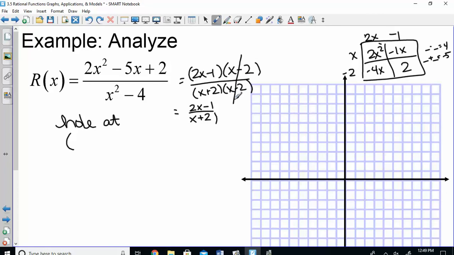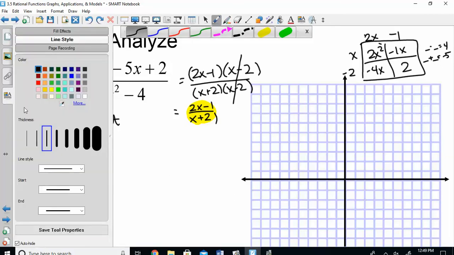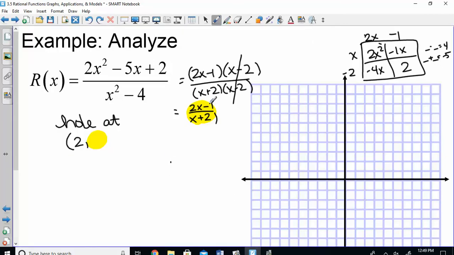So to find that hole, the x value is from what canceled. What would make x minus 2 equal 0? To get the y, you plug 2 into what remains. So if I plug a 2 into that, we get 4 minus 1, so 3 over 4.